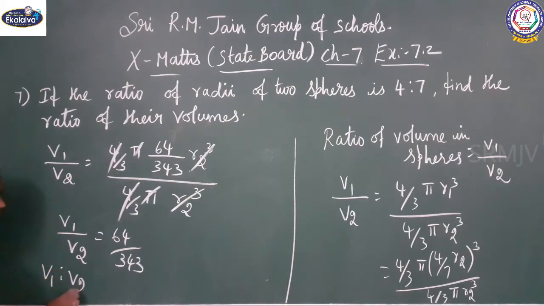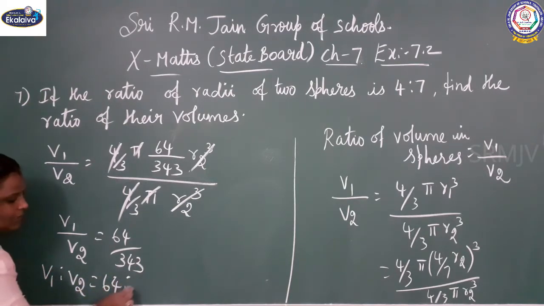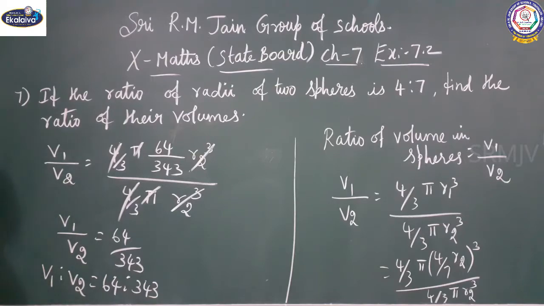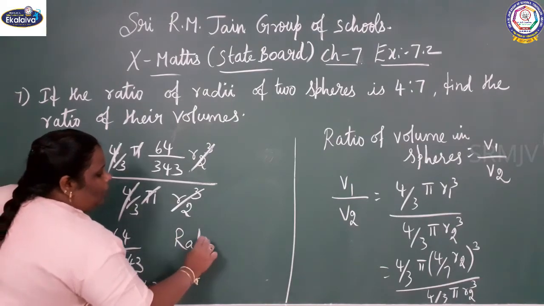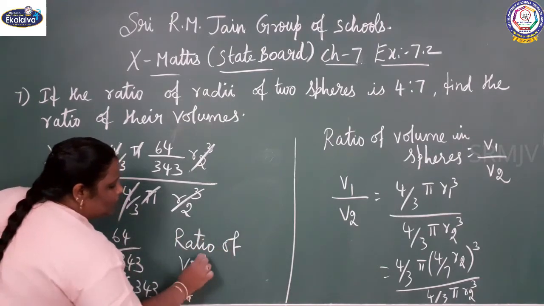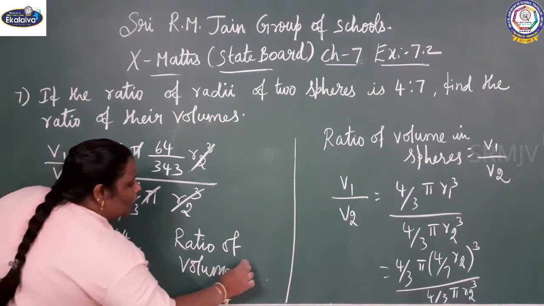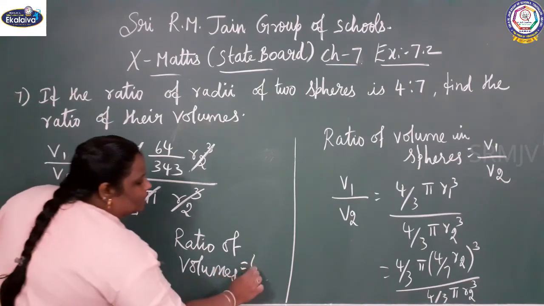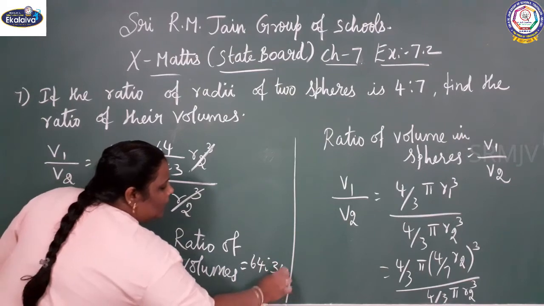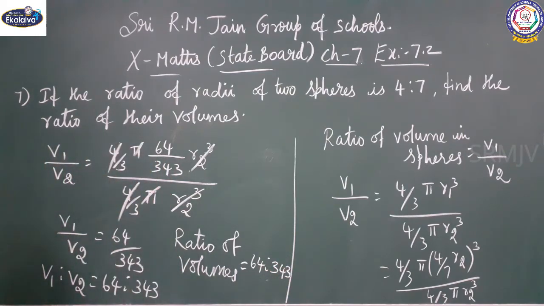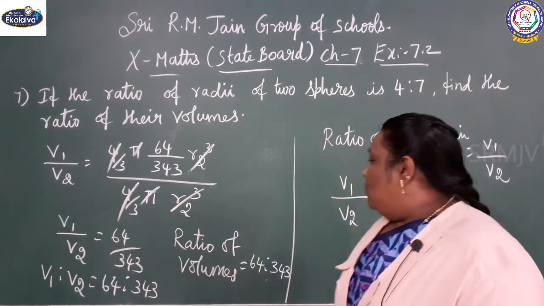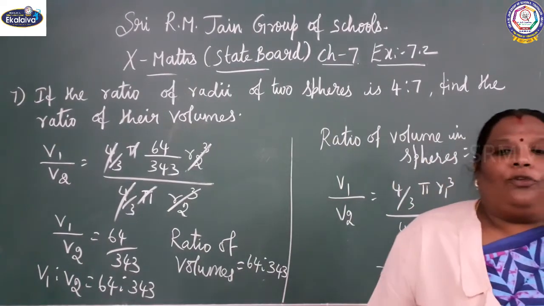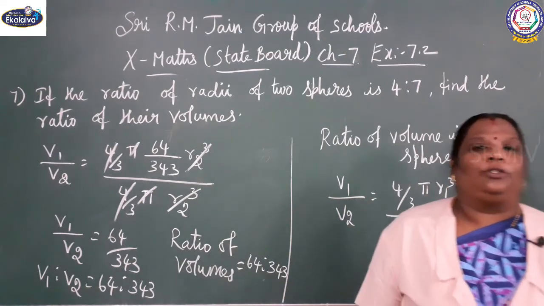V1 is to V2 equal to 64 is to 343. That is the ratio of volumes in spheres, 64 is to 343. I hope you understood, children.